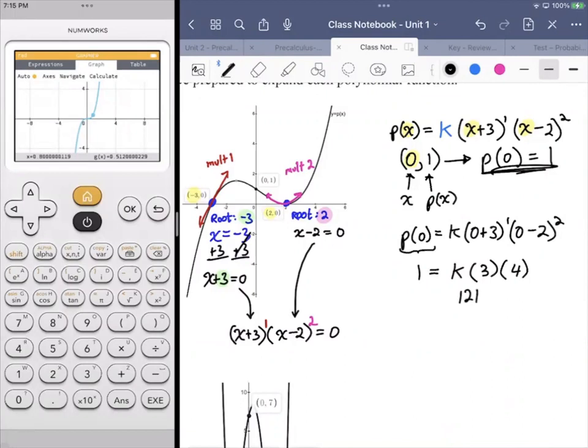So we're looking at 12k is equal to 1, which means that k has to be equal to 1 over 12. Then we can backfill that into the polynomial. I now know that the value of k must be 1/12. So p of x is 1/12 times (x plus 3)(x minus 2) squared.